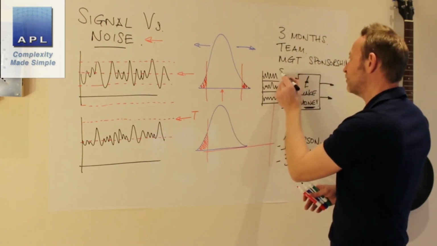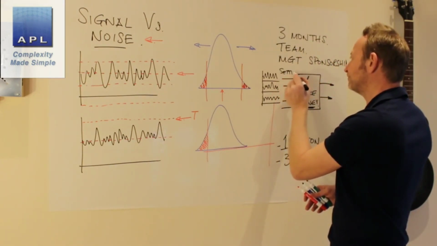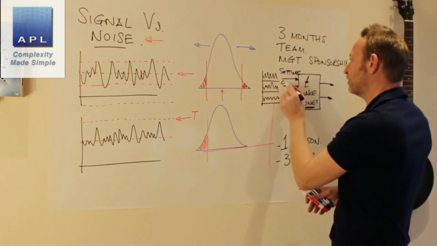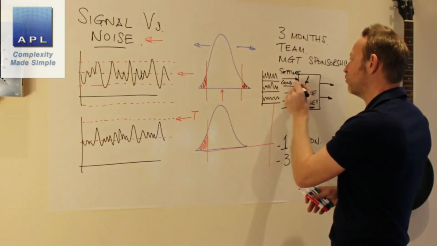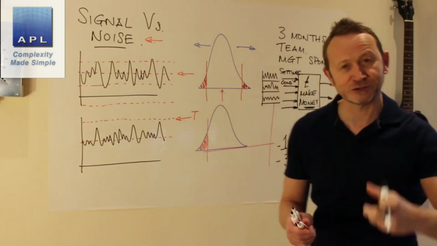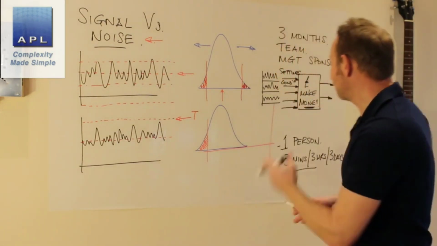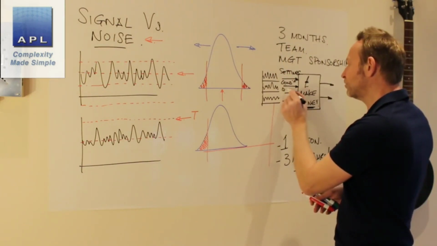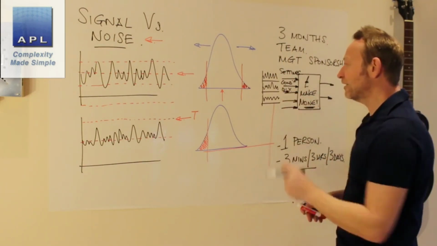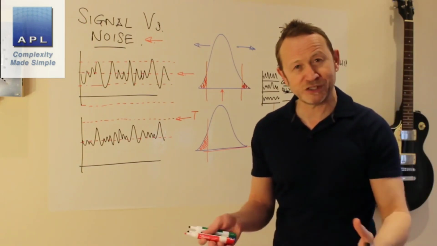So you have settings that are being moved. You have the condition of the equipment which is moving around. That's too much variability. You might also have poor quality material coming in here. Yeah, so you might be buying cheap material.